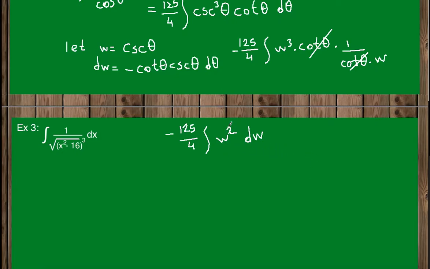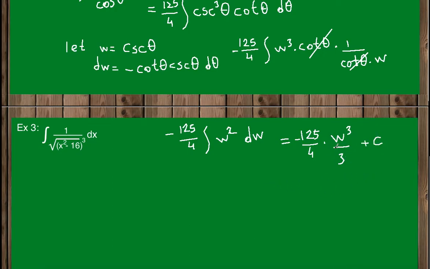So how can we take the antiderivative of this function? Antiderivative of w squared is w cubed over 3, because we add 1 and we divide by the power, plus c.